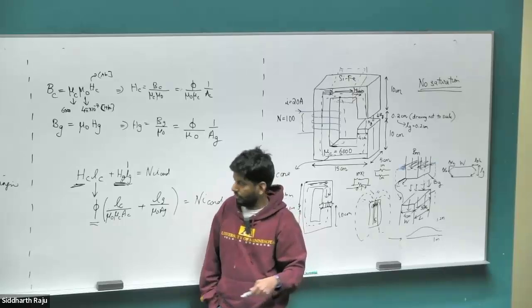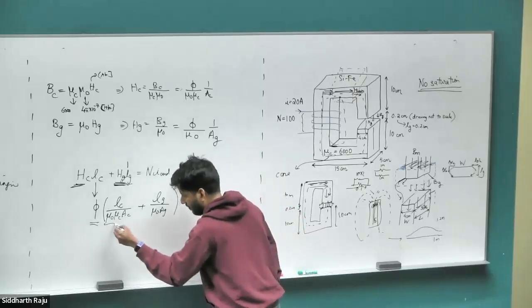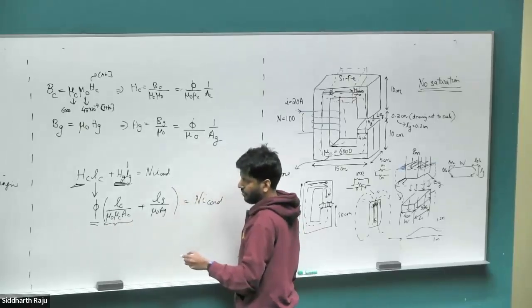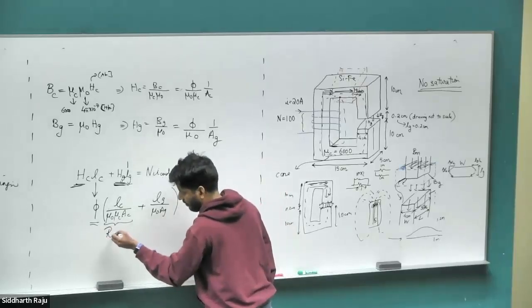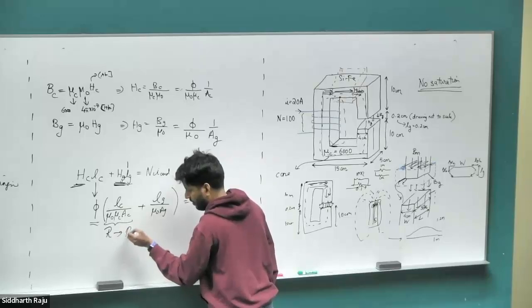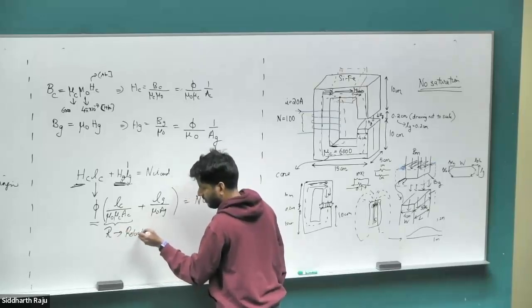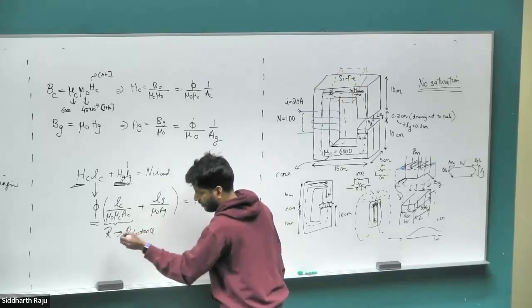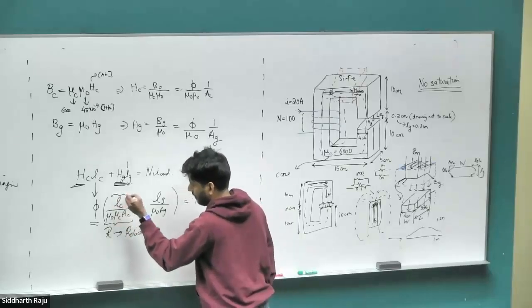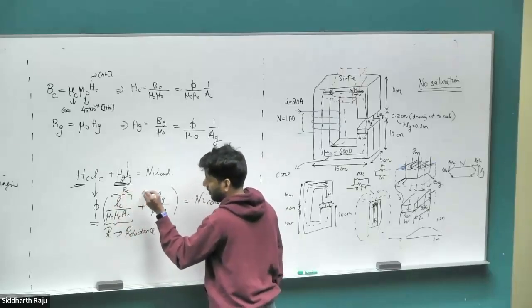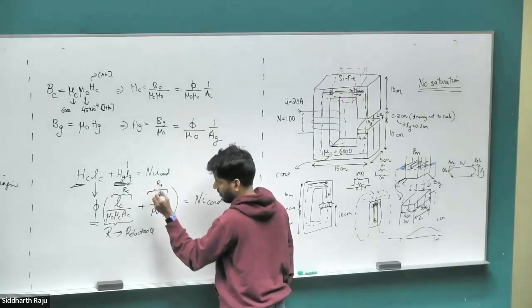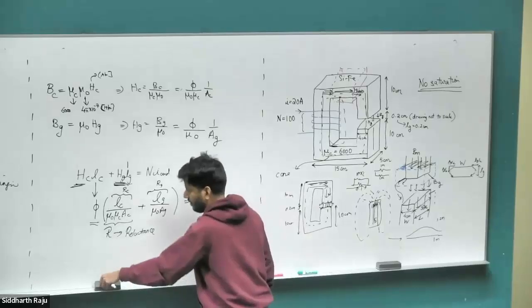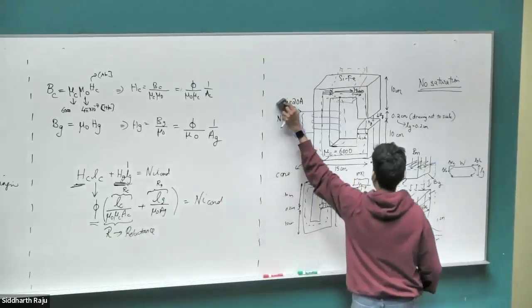Right? So this term that we have there, Lc divided by mu naught mu C Ac, is called the reluctance. This is a new term we are going to be introducing. Reluctance. So let's call this the reluctance of the core Rc and the reluctance of the air gap Rg. So we can rewrite this equation in a different form.